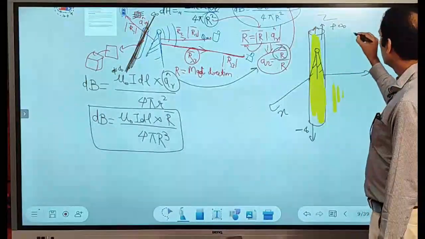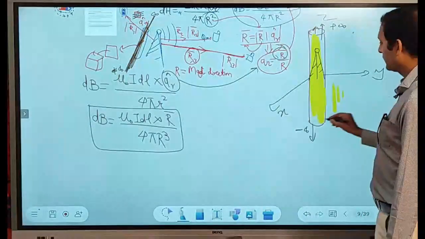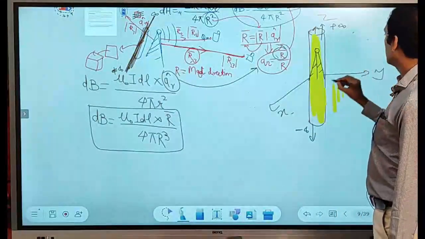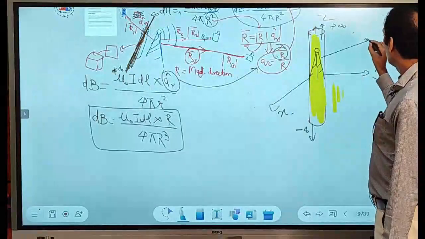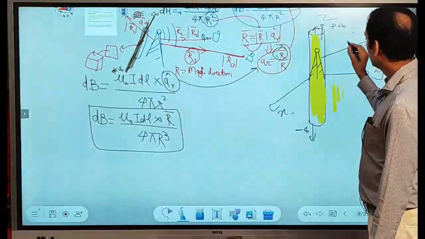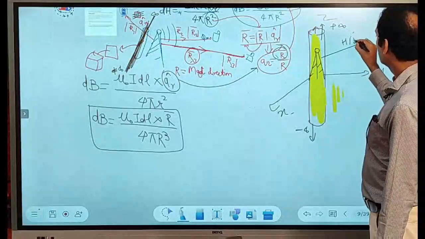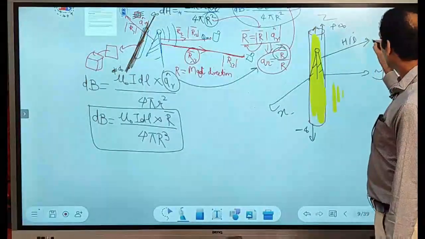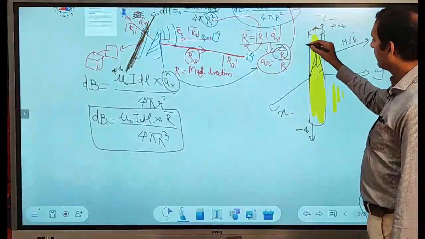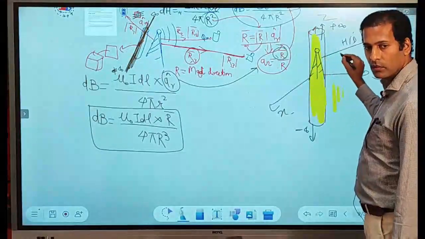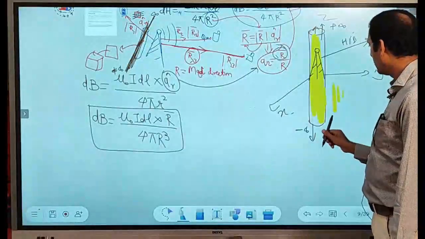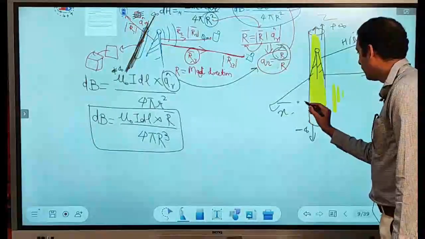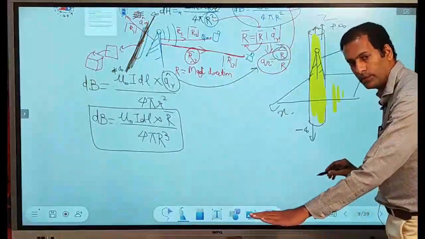Now what I have to do, there may be so many different point charges like mobile phones, and I will consider one test charge and I will find out what is the value of this H or B, right? So for simplicity, if we consider some point in space, we have to consider the distance from X, Y and Z. So for simplicity, we will consider the point is present on the floor.